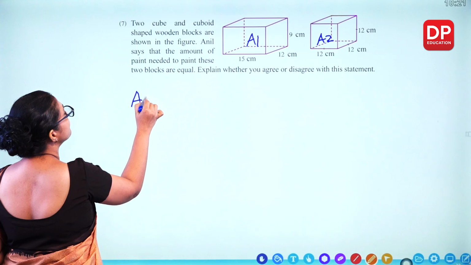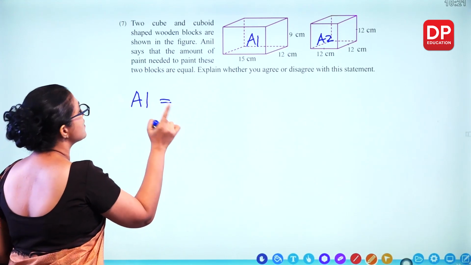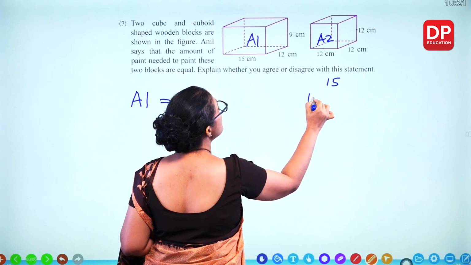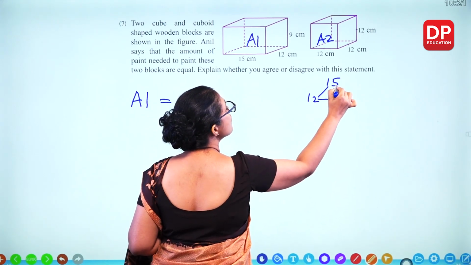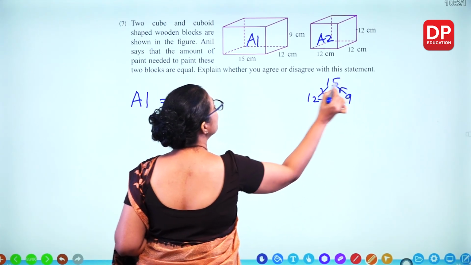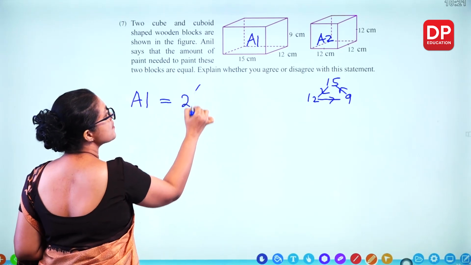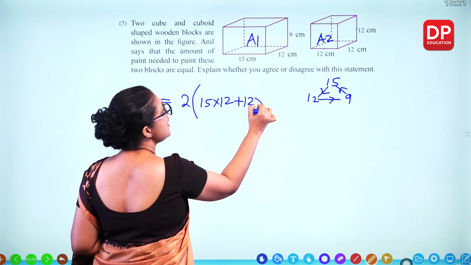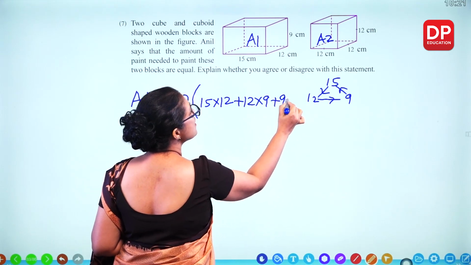A1, what's the surface area of this? So write down the lengths 15, 12 and 9 in a triangle and multiply. Surface area is 2 times (15 times 12 plus 12 times 9 plus 9 times 15).